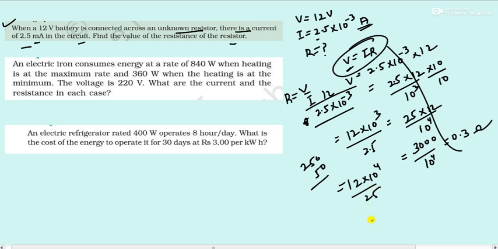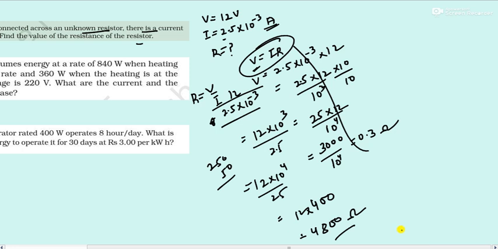So 25,000 divided by, if you do 25, you'll get 400, right? Into 12, if you do, how much will you get? You'll get 4800 ohm. This is the answer. Got it? I hope you have understood.